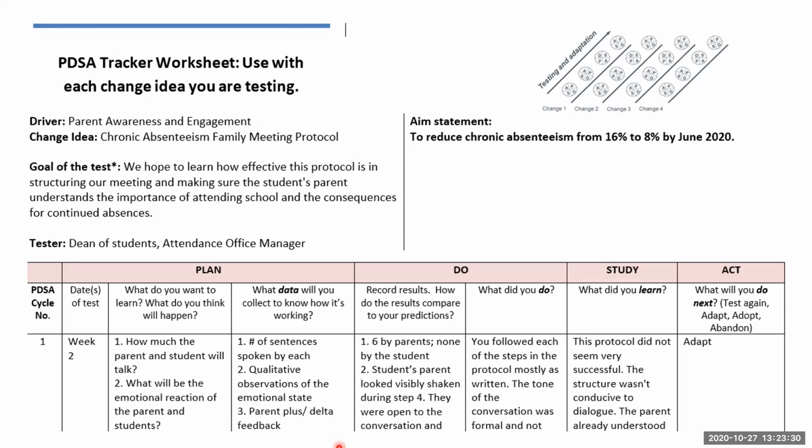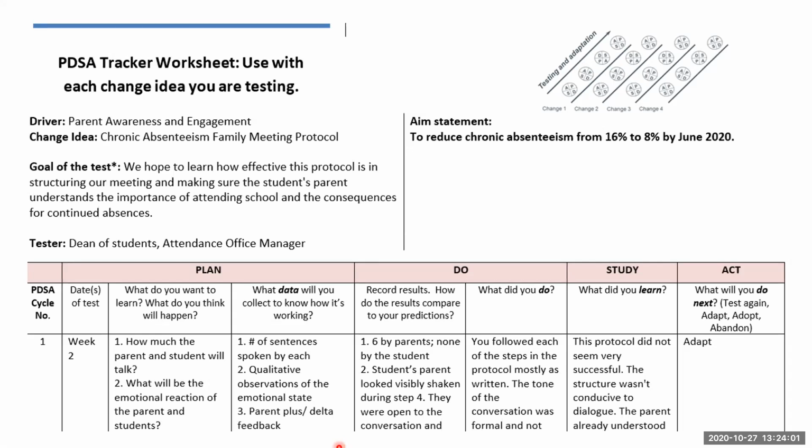Then you do, and you actually record how did my results compare to my predictions. So if they were thinking that parents and students would both talk a lot or equally, and they count the number of sentences, and the parents do talk 6 times and the students talk none, then you can learn from that this didn't encourage student involvement in their understanding of their chronic absenteeism.